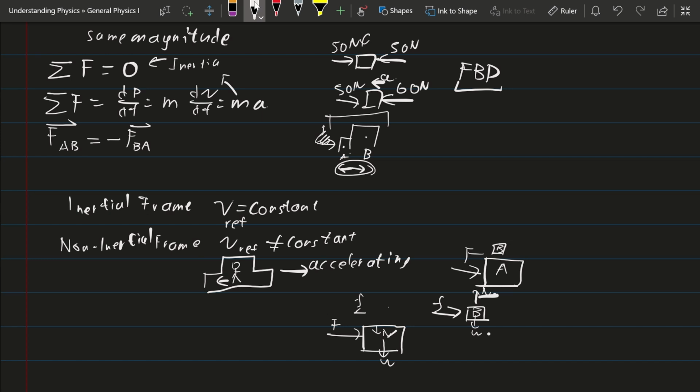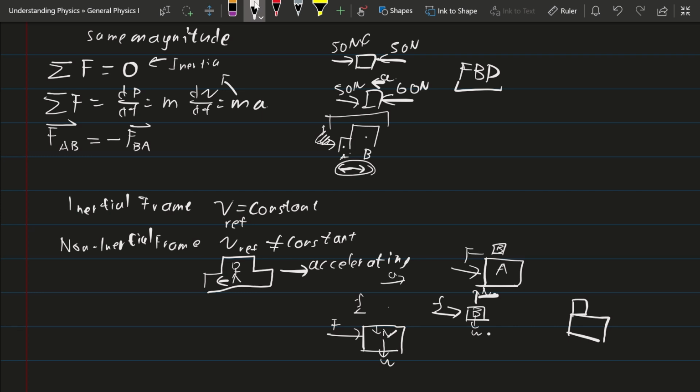And so now let's say we only analyze the block, and we give it a reference point of this big block. Well, you see that this block was accelerating to the right.